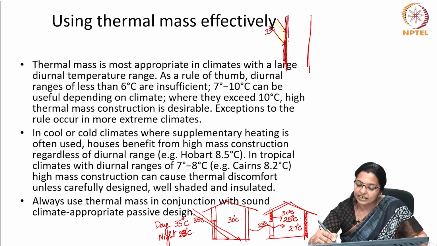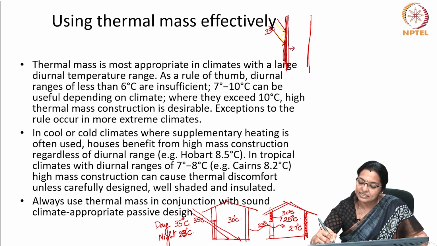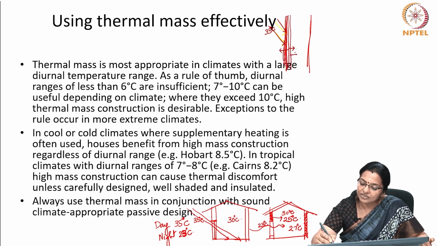The first layer of the wall passes the heat inside and the heat also radiates on the outside. The second layer of the wall gets heated up based on its thermal capacity, and that passes on the heat to the inside and outside.